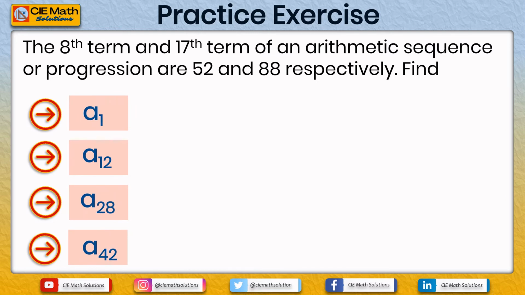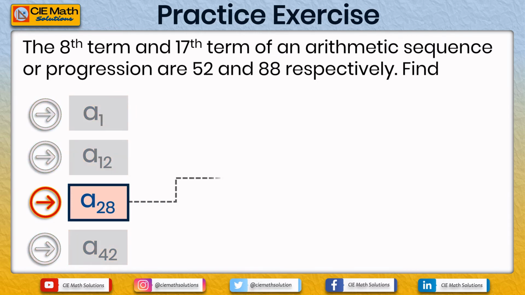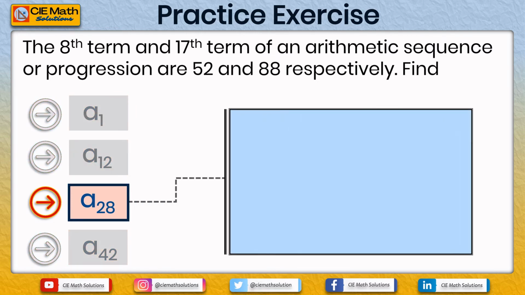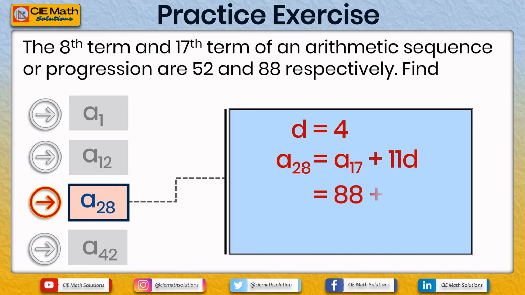For the third item, which is the 28th term, or A28, still the value of D is equal to 4. We can now rename A28 as A17 plus 11D. Substituting the values, 88 plus 11 times 4, which is equal to 132.